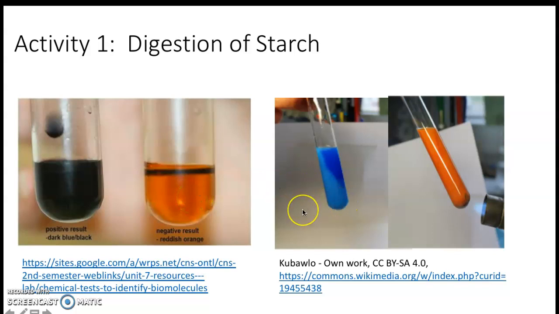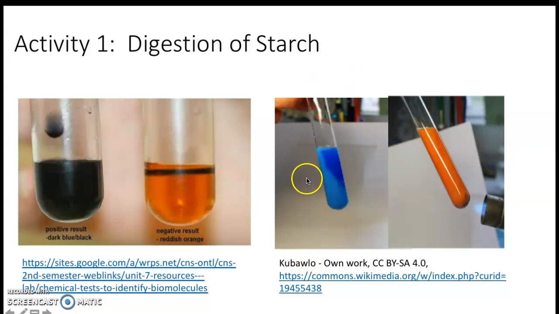The Benedict's test is a bit different. The Benedict's reagent is this very pretty blue color, and it gets its blue color from copper ions that are present in the solution. The copper ions are a heavy metal, so you'll want to be careful that you don't dispose of your sample down the drain or down the sink. We'll have special waste containers for you.